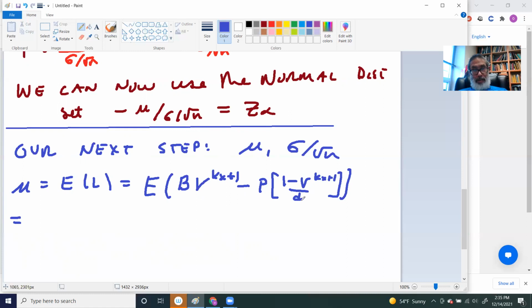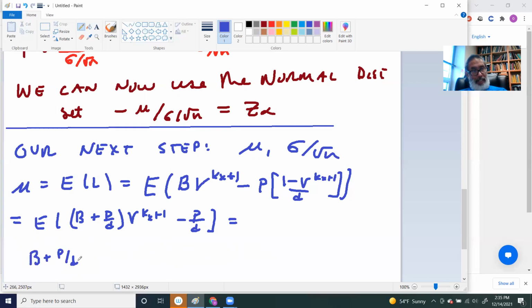And this, of course, doing a little bit of algebra, it's the expectation of B plus P over D, and then minus P over D. And then by using the expectation of a constant times a random variable, we end up with B plus P over D. The expectation of this is just that.